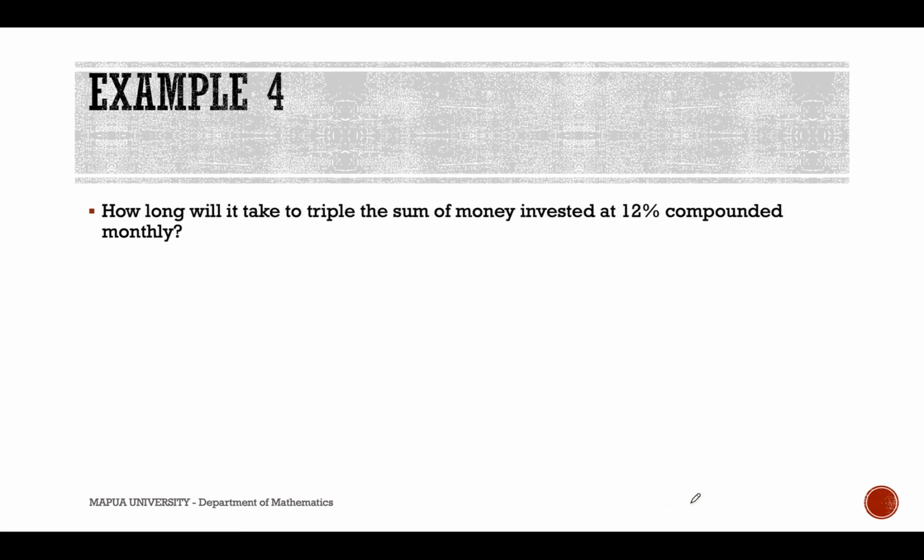Okay, let's have another one. How long will it take to triple the sum of money invested at 12% compounded monthly? So again, we have F is equal to P(1 + i)^n. Now, triple the sum of money, so this is 3 times P. And then we have 0.12 here.